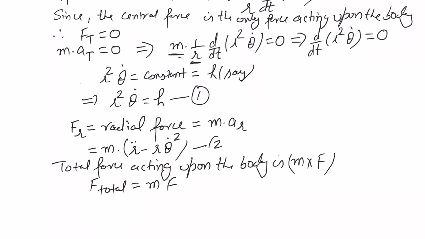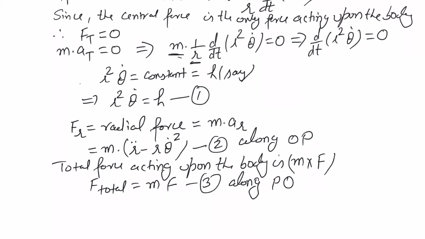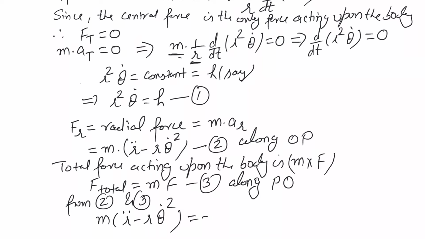From equation number 2 and equation number 3, this will be the radial force, so this will be all along OP, and this is the central force, so this will be along PO. Since their directions are OP and PO, if we compare, then in that case I'll have to write m times r double dot minus r theta dot square is equal to minus mF. This m will cancel out.